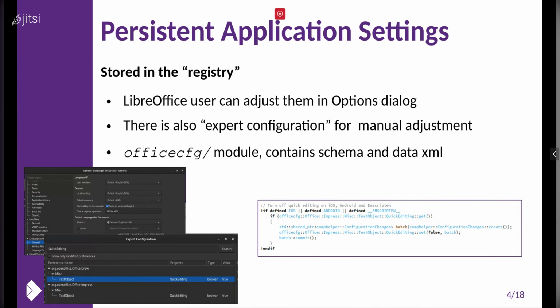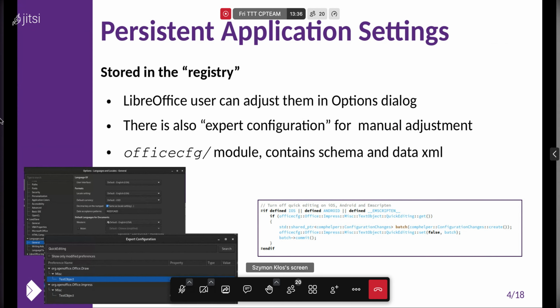CFG module. It contains a lot of files, XML files, which some of them are schema describing the possible settings, and some of them are just data, the defaults. We can access them using the UI, using the options dialog.